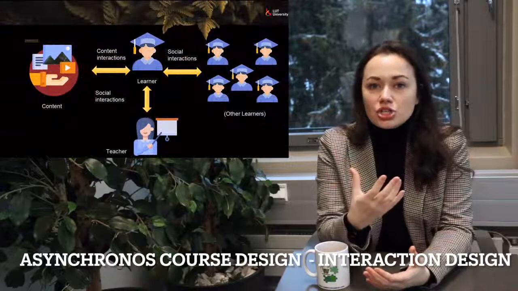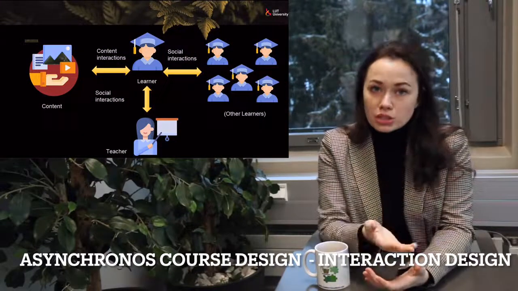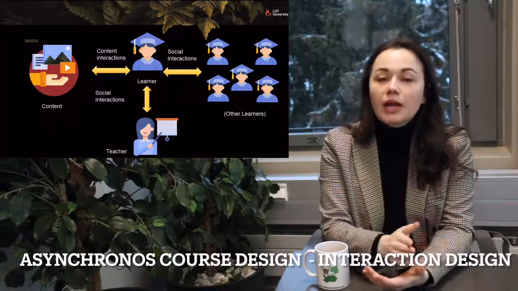Of course, if the group is big enough and synchronous enough, we should break it into smaller groups from time to time for project work, giving students more chance to socialize and master soft skills to succeed in teamwork, which, by the way, can also be done in asynchronous mode. Okay, so once again, asynchronous course design is about designing interactions of the learner with contents, teacher, and other learners.